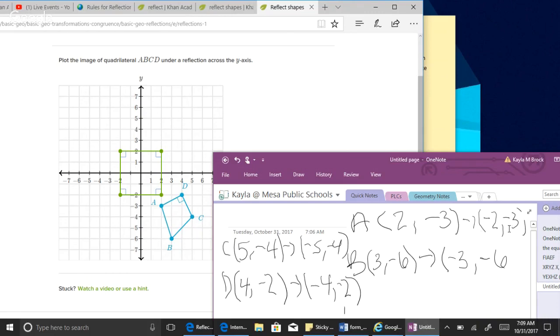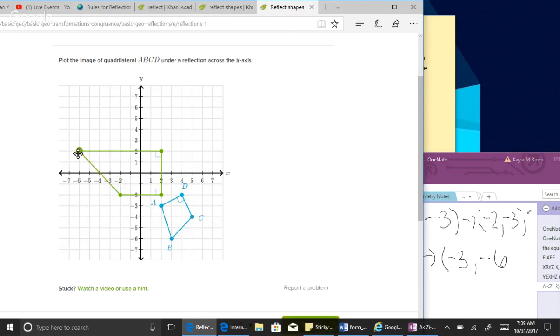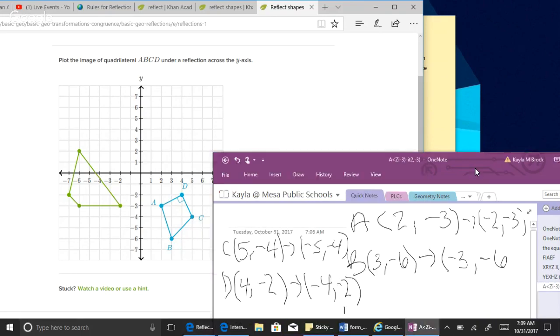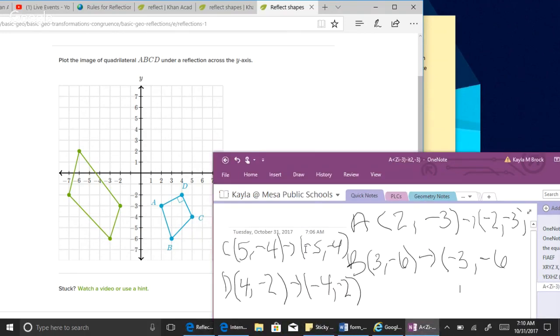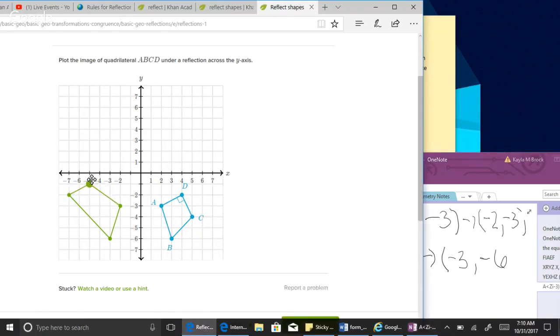Point A is going to change into -2, -3. So how am I going to do this? I want to move these over. -2, -1, -2, -3. Okay, and then the next point is at -3, -6. So I'm going to go -3, -6. The next point is going to be at -5.